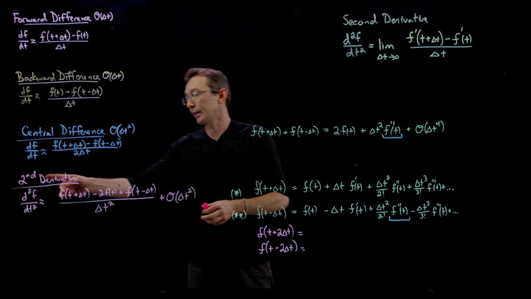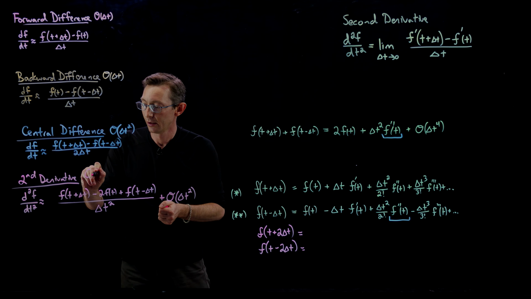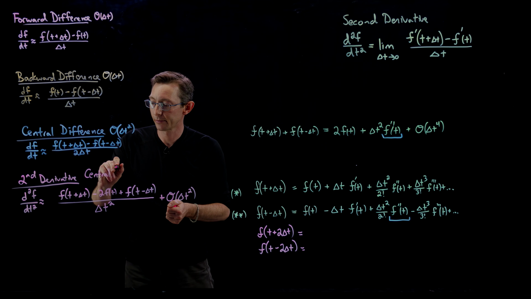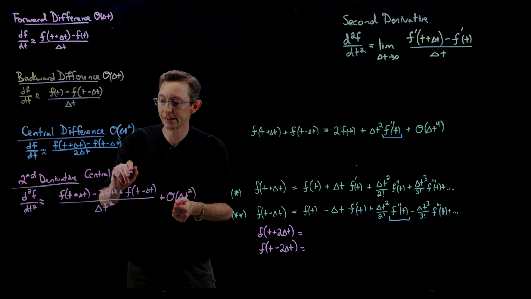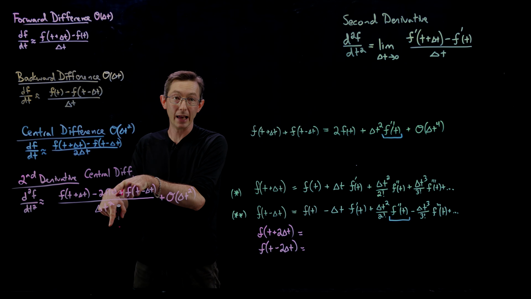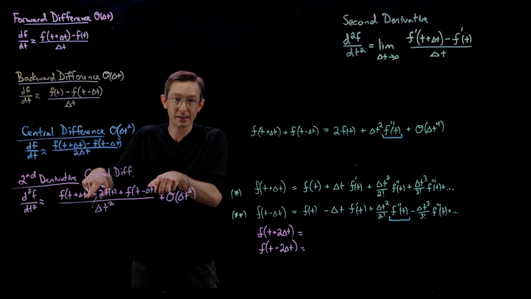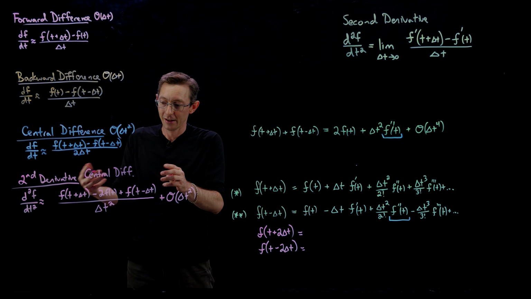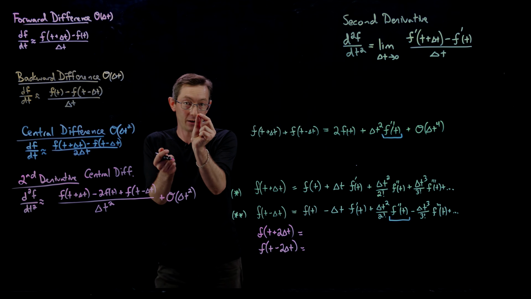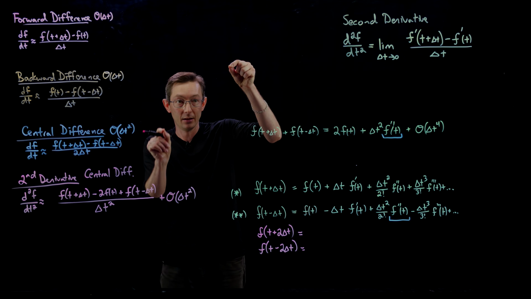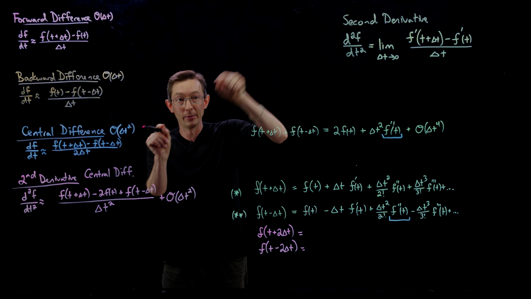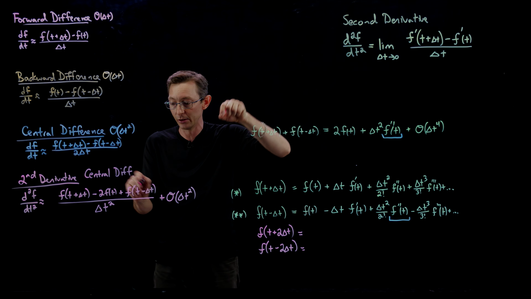And so again, the second derivative central difference, this is central difference because the point I want, f of t, is sandwiched between f of t plus delta t and t minus delta t. So this is literally called the central difference. I approximate the derivative in the center by the points away from it. So it's in the center of these 2 points that I'm using.